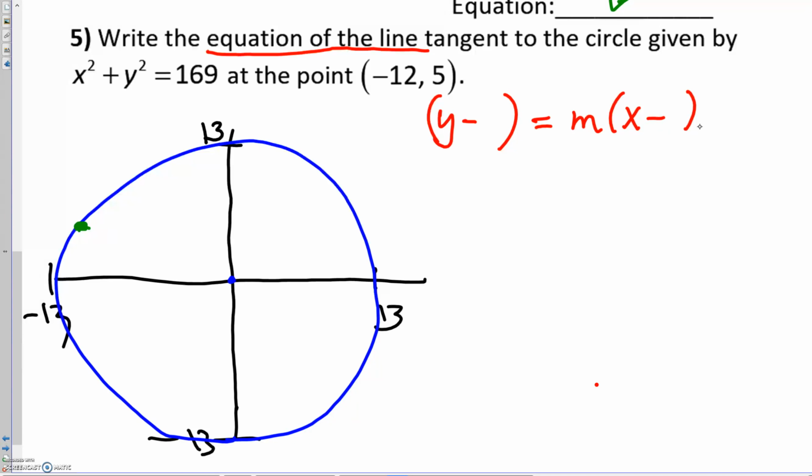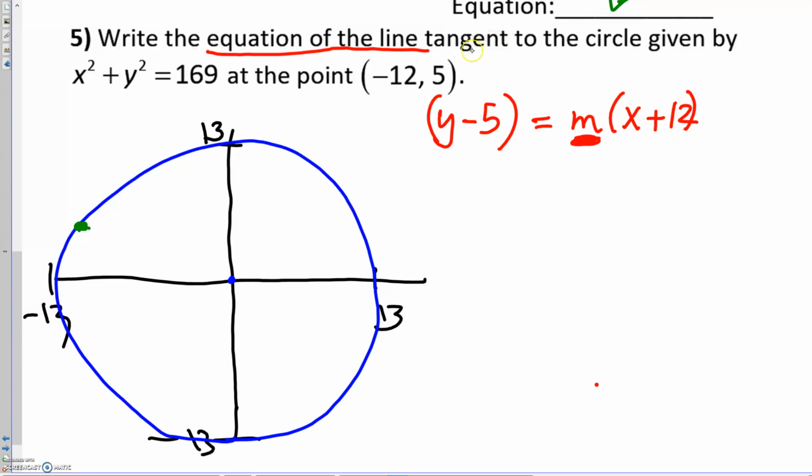So I need to know what my point is, which is (-12, 5). So it's going to be y - 5 = m(x - (-12)). So the only thing I have left to determine is the slope. So if I want an equation of a line through this point, I have that, and I still need to have the slope.